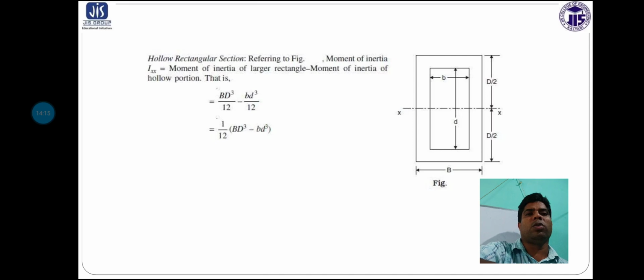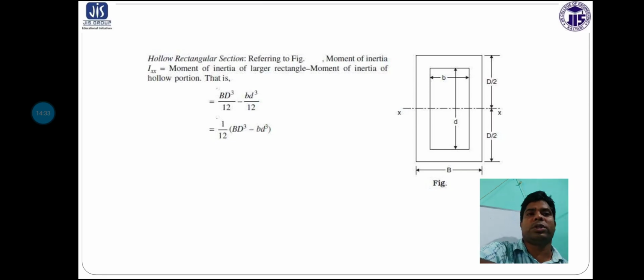Now for a hollow rectangular section, if I consider the rectangular section with a hollow portion, the moment of inertia Ixx is equal to the moment of inertia of the large rectangle minus the moment of inertia of the hollow portion.